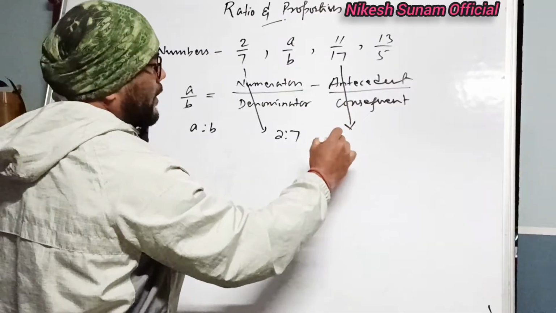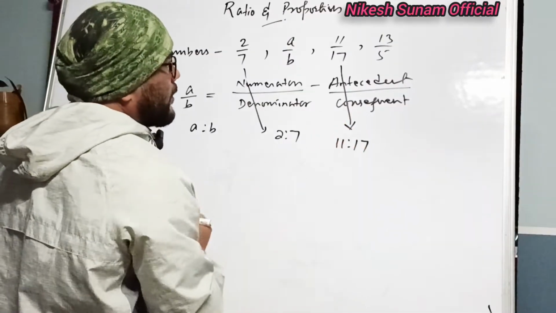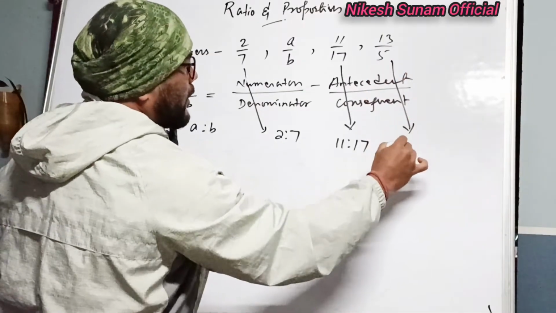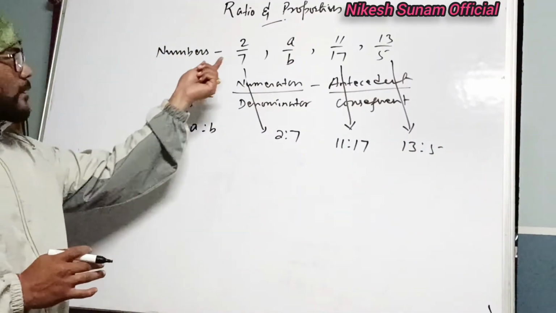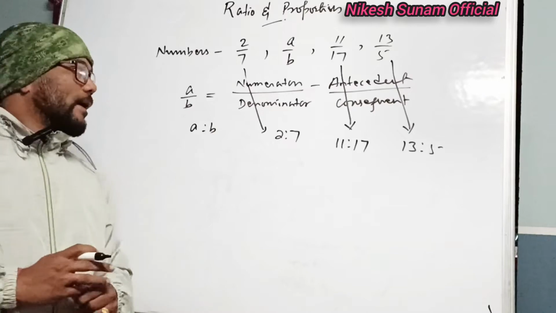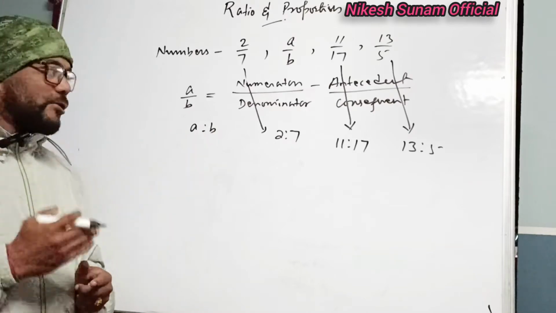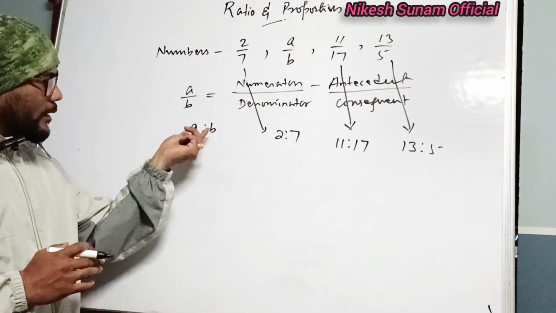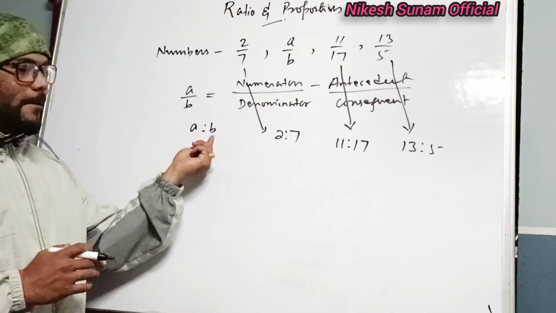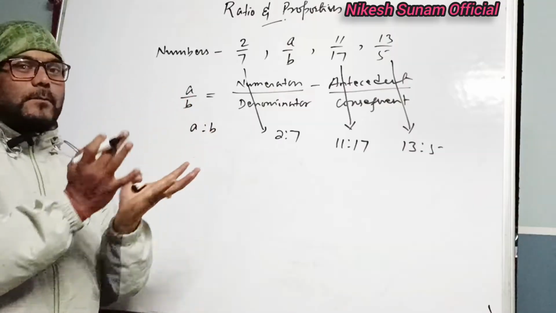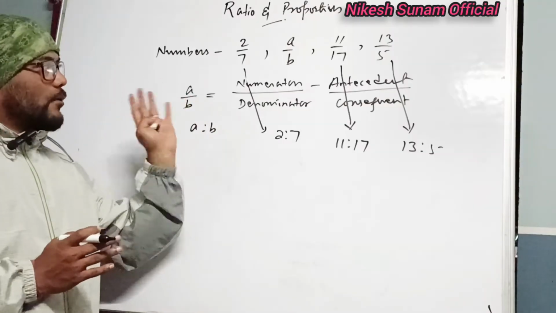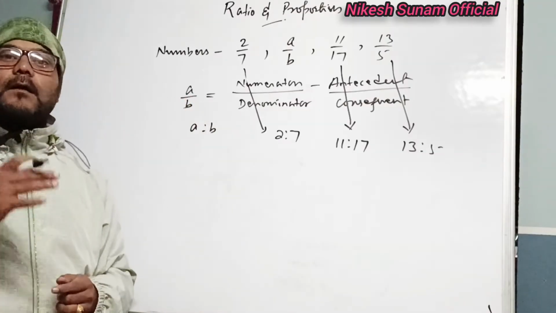In this case, we can write 11 is to 17. And in this case, 13 is to 5. So it is very clear that numbers in fraction form can be written as a ratio. This is written as a is to b, and this can be written as 2 is to 7. These types of numbers are known as numbers in ratio.